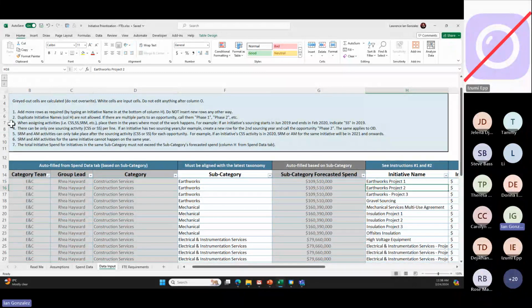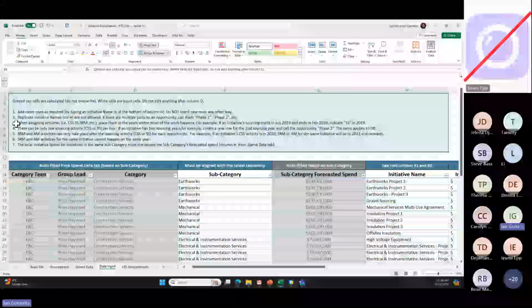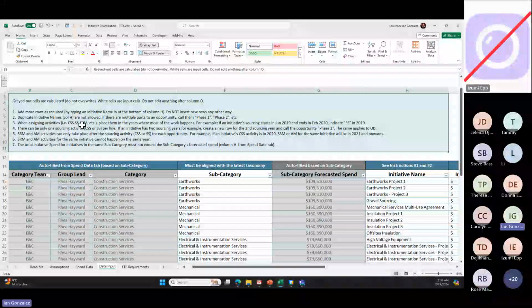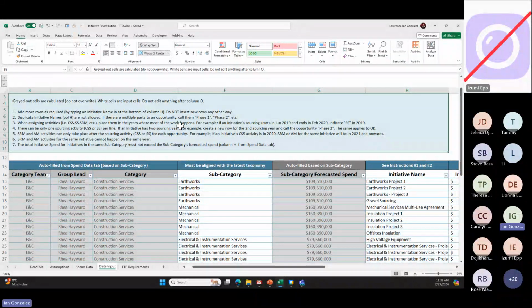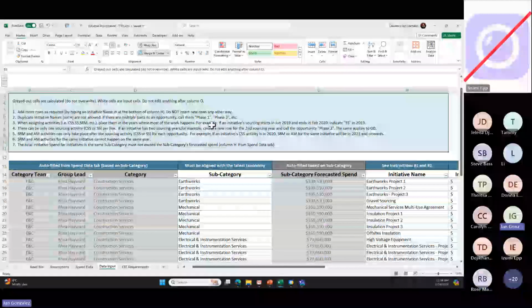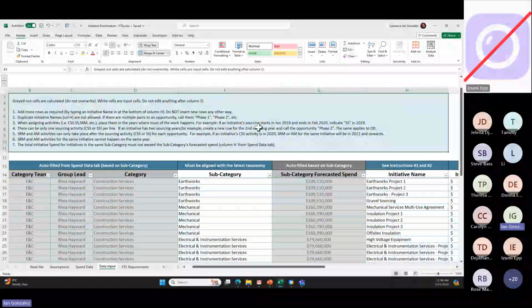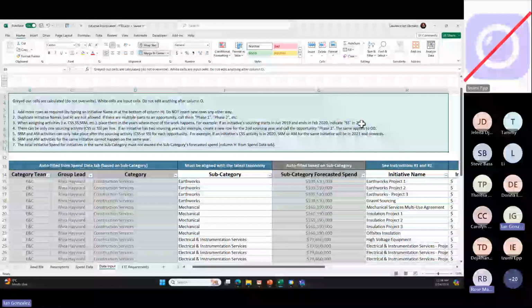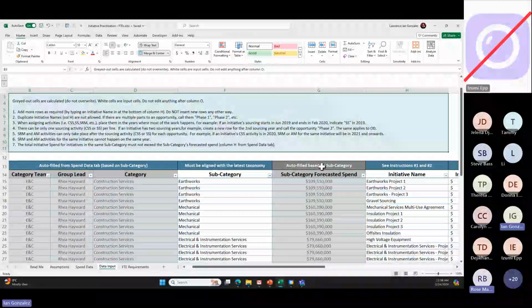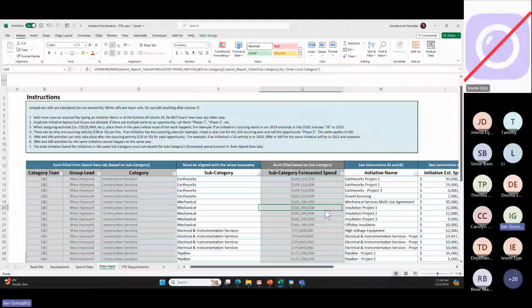Next, when assigning activities like CSS, SS, SRM, place them in the years where most of the work happens. For example, if an initiative sourcing starts in June 2019 and ends in Feb 2020, indicate SS in 2019 because most of the work will happen here. What do I mean by that?